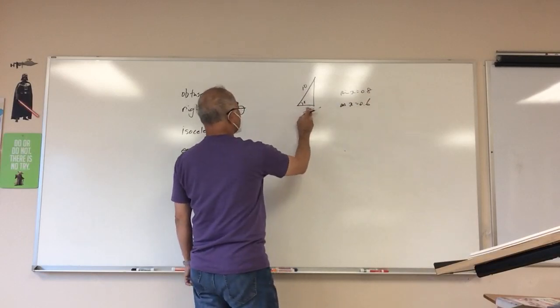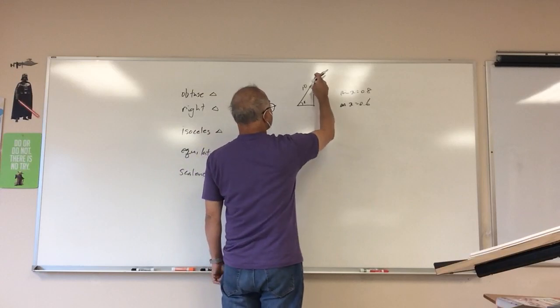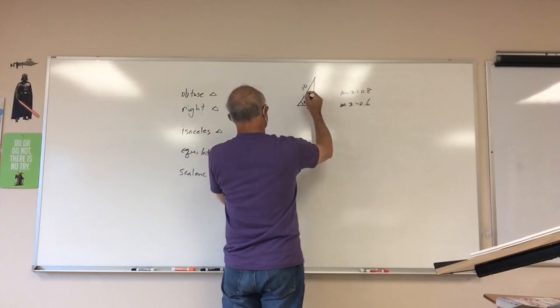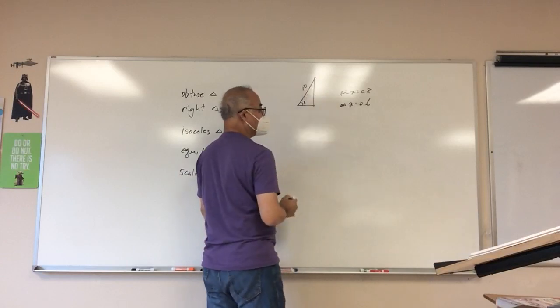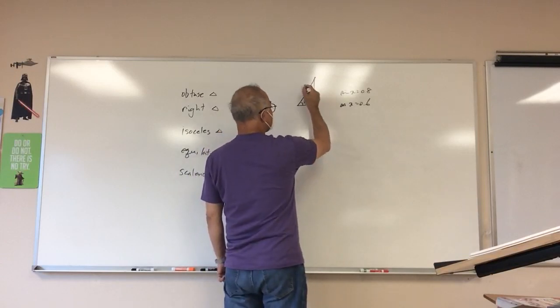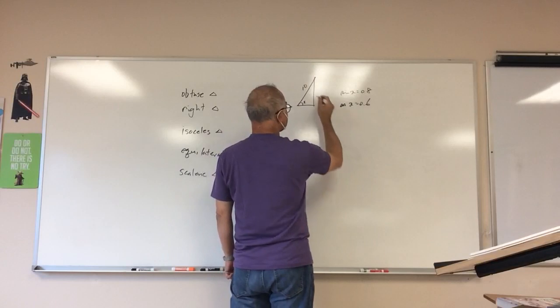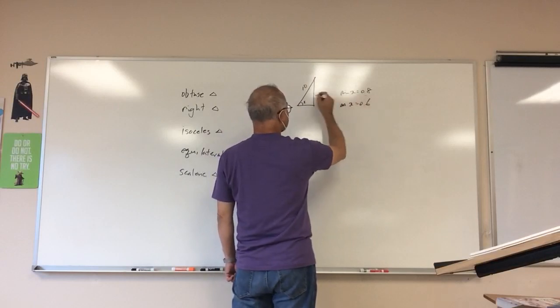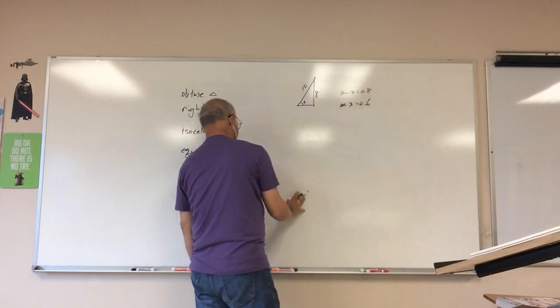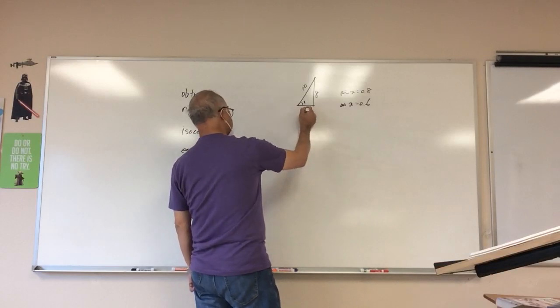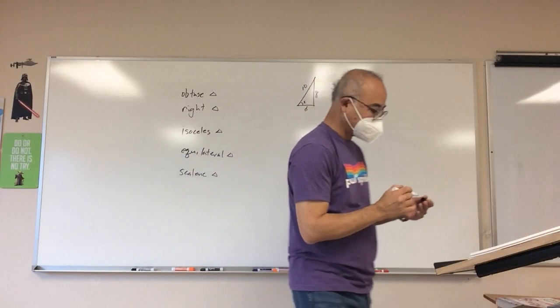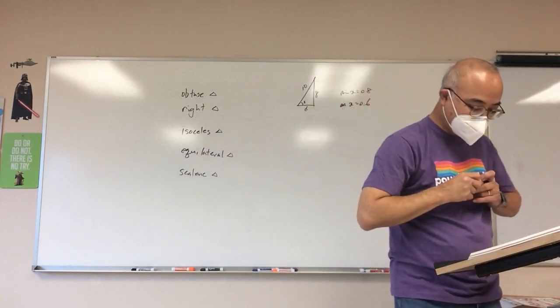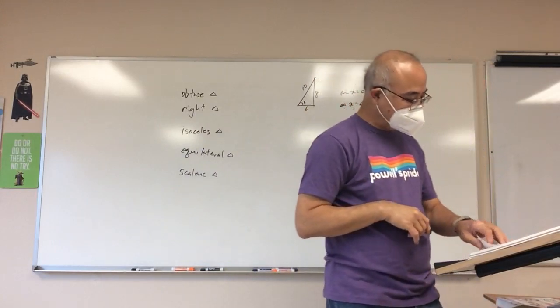Sine x is this guy over this guy, so this guy over this guy is 0.8. So this guy is going to be 0.8 times 10, so it's going to be 8. By the same token, this guy here is going to be 6. So the area is 6 times 8 divided by 2, which is 24.